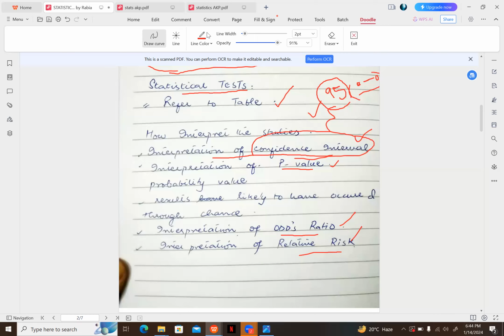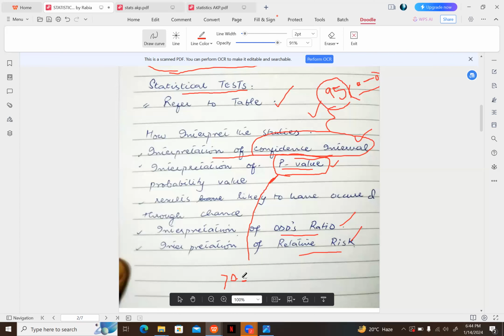95% means I'm 95% confident that my value lies between 1 and 10. This is called the confidence interval. This is simple. P-value is the probability value. I have upcoming slides where I will show you what the p-value is. For significant p-value, simply you need to know about more than 0.05 and less than 0.05.